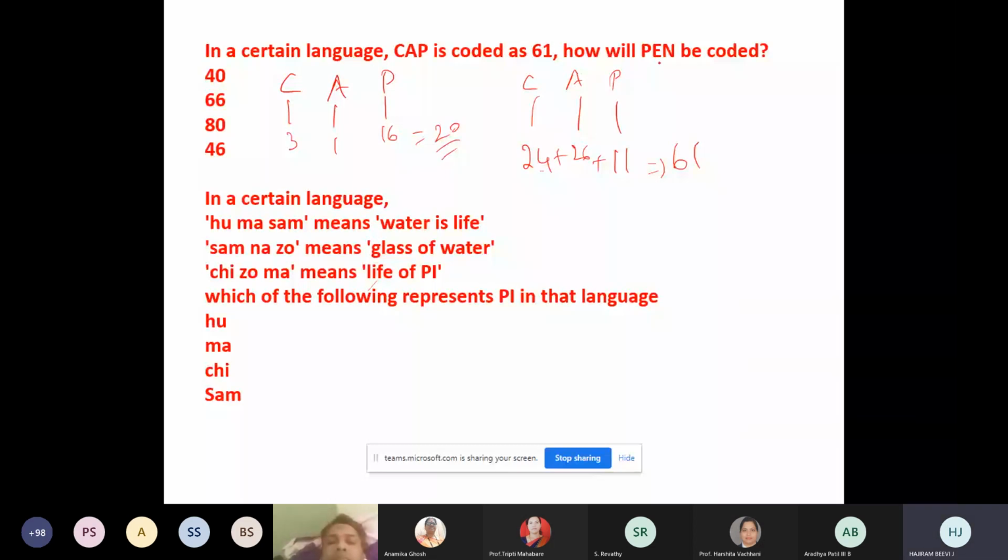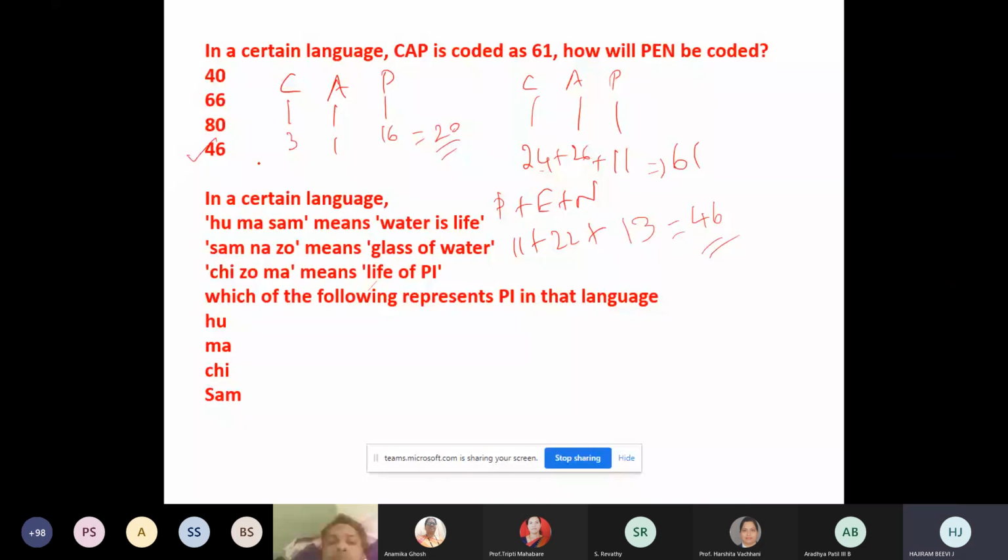So the P value is 11, E value is 22, then N value is 13. So 11 plus 22 is 33, 33 plus 13 is 46. So the answer is 46.